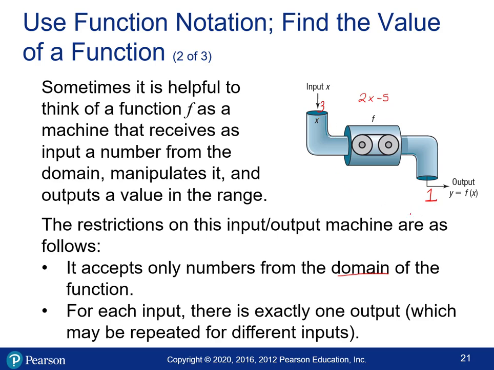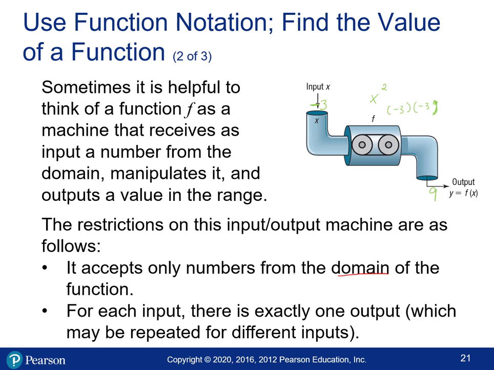That's okay. Real quick, let me show you an example so you're not wondering what I'm talking about. Let's say our function was x squared. If I plug in 3 into x squared, 3 squared is 9. And then if I plug in -3 and I square it, -3 squared is also 9.